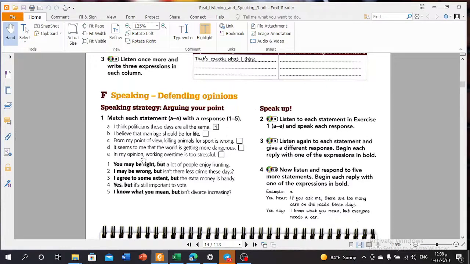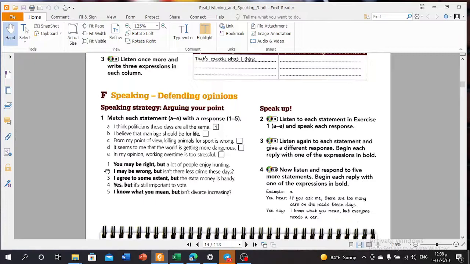There are certain expressions you can use at the beginning of your sentence to give your own idea about something without being impolite.